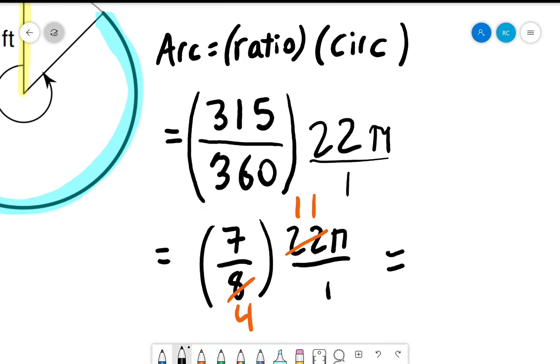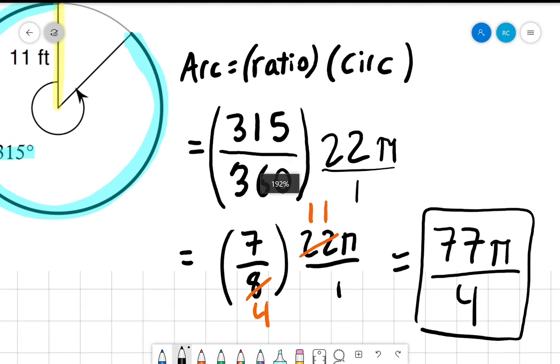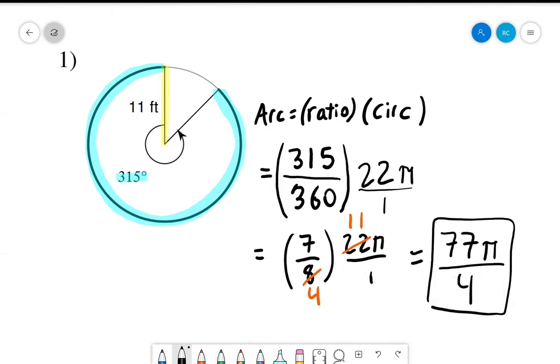I believe my final answer is 77 pi divided by 4. And again, I could use a calculator to come up with a decimal approximation if I wanted to, but I don't want to. I'm going to leave it like this.